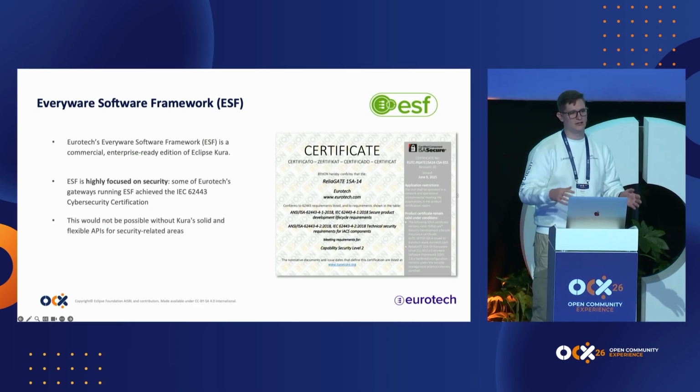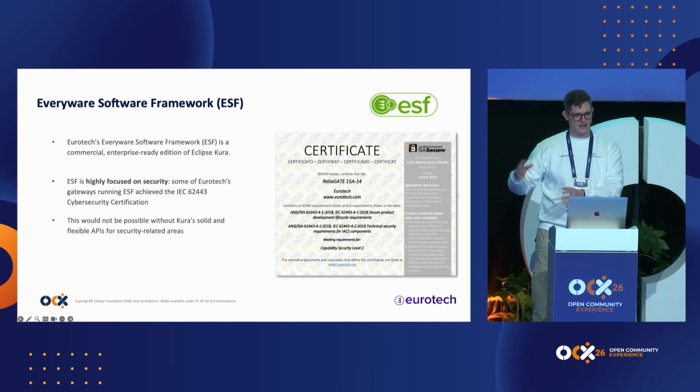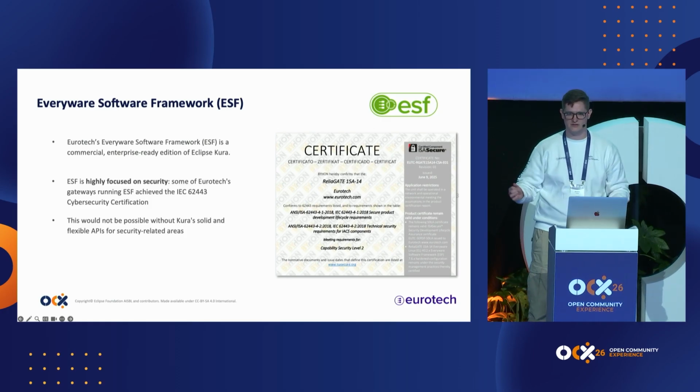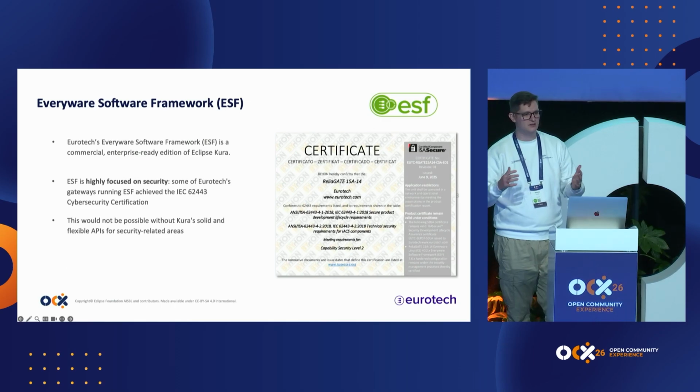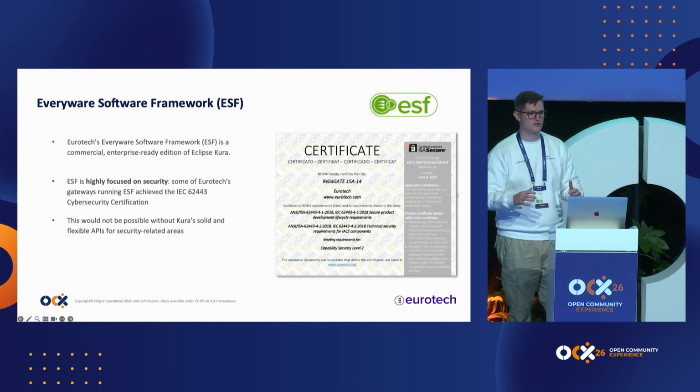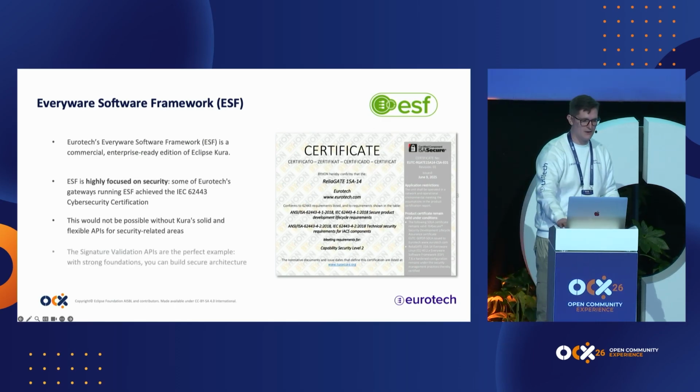But it's not only a result that we achieved with ESF, because we could not do it without a foundation like Kura, which provides a lot of security-related APIs that let us build a framework focused on security.